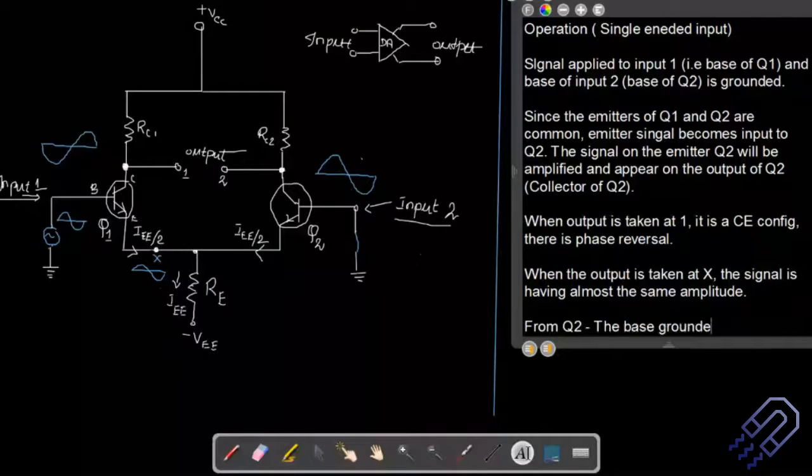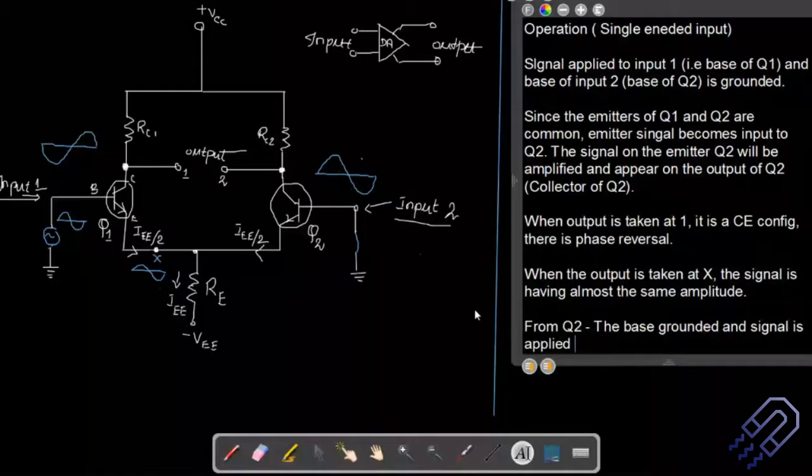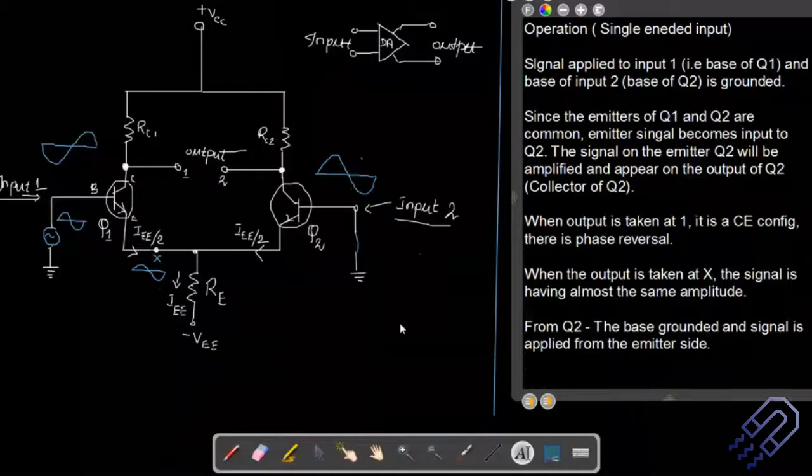We can see that the base is grounded in this Q2. And the signal is applied from the emitter side. So we're basically applying the signal from the emitter side, which is nothing but acting like a common base configuration.